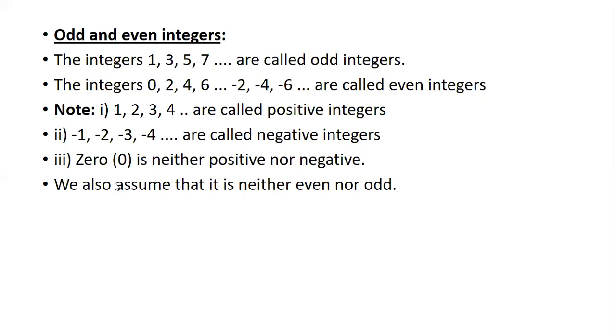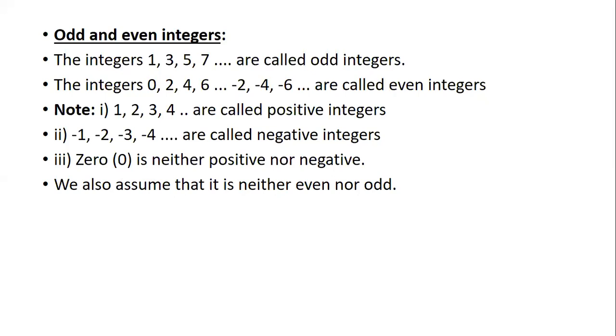Okay, so let us continue after odd and even integers. One point you have to understand: 0 is neither positive nor negative. You cannot say it is a positive number or a negative number. It is neutral.